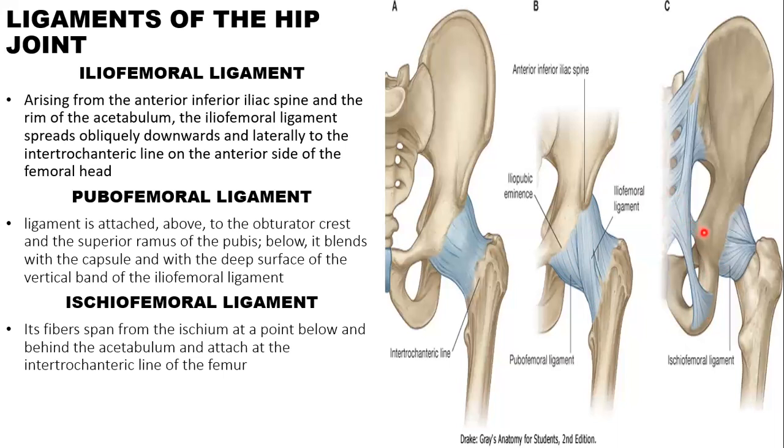Okay, so sacrospinous ligament, sacrotuberous ligament, you have the ischiofemoral ligament, you have the pubofemoral ligament, and lastly, you have the iliofemoral ligament. There are other ligaments on the pelvic region. You can read those on your own time, but take note of these ligaments.